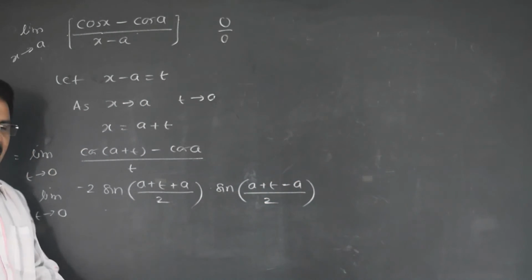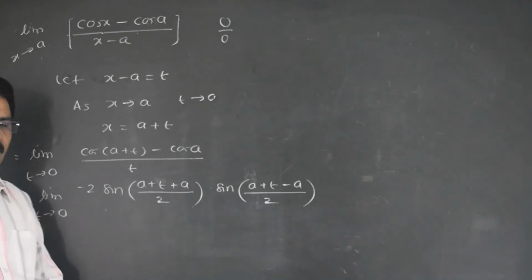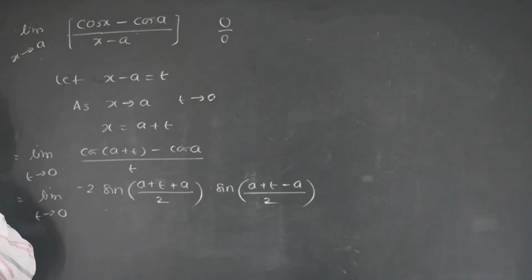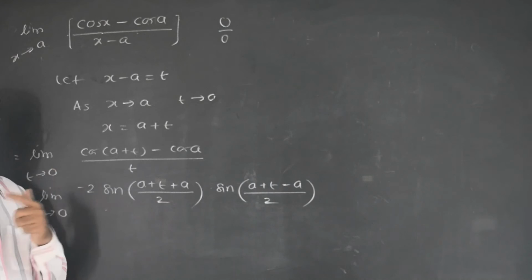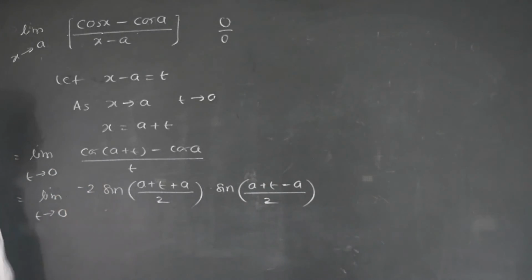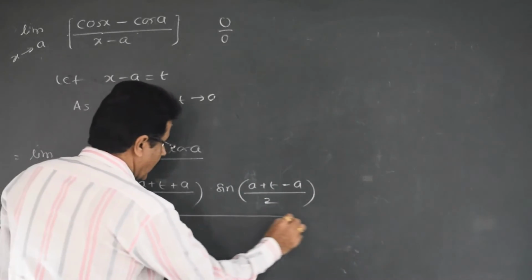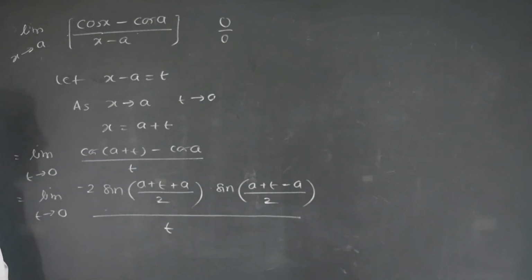This is the formula that you have to remember. We are applying the formula cos c minus cos d, that is minus 2 sin of (c plus d) by 2 into sin of (c minus d) upon 2, whole upon t as it is.